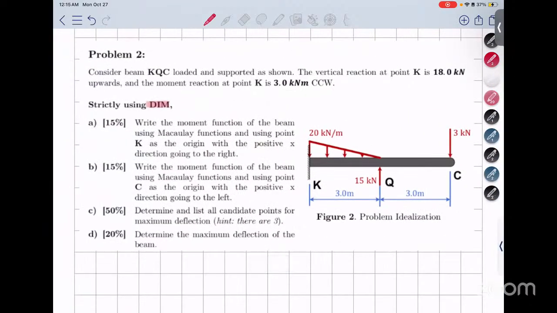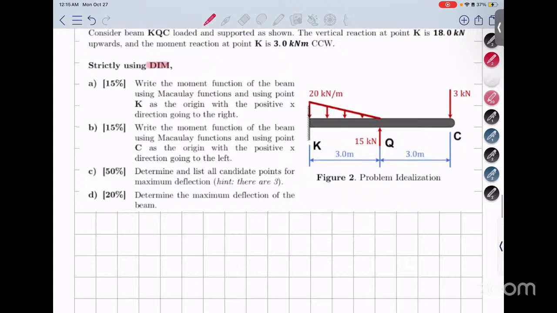So again, I'll take a pause here, take a screenshot of the questions. Okay. So this is for problem 2. So this is DIM, Macaulay functions, and the like.